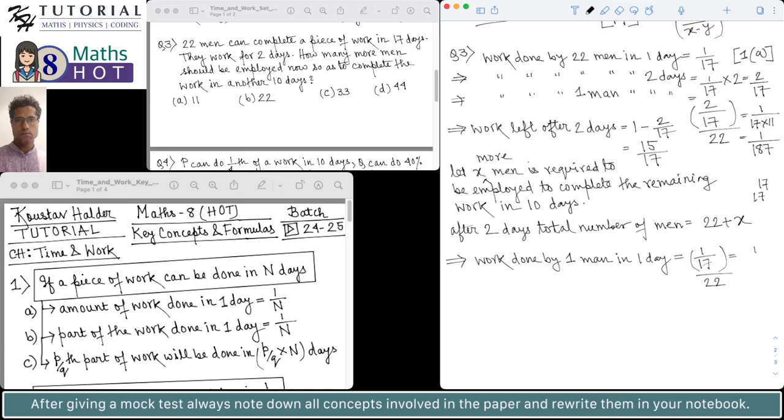This is equal to 1 by 17 multiplied by 22.